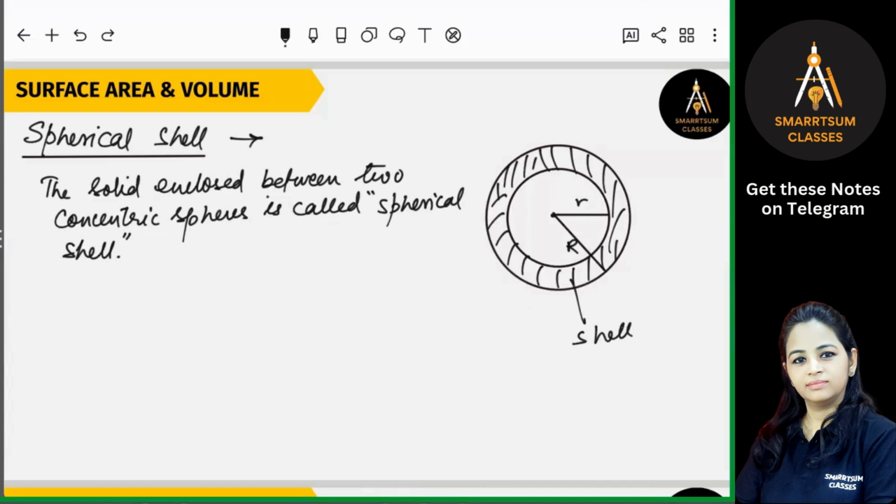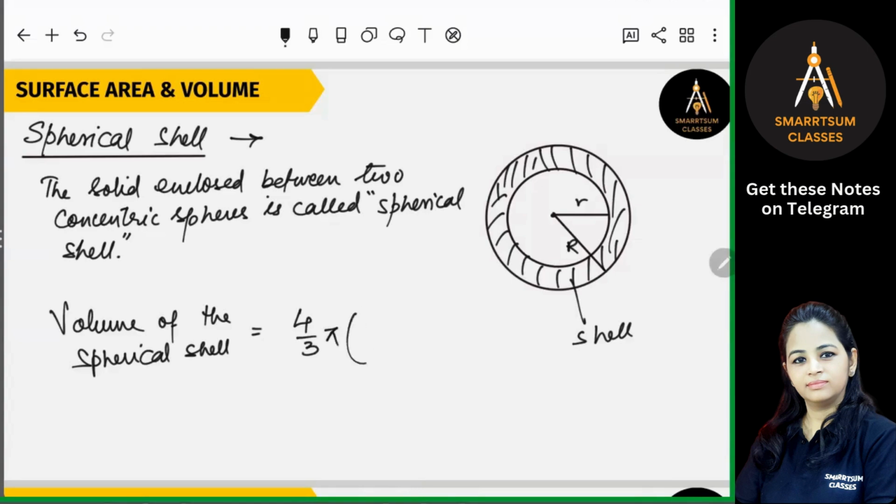So now we can find the volume of this spherical shell by the formula. How do we find the volume of the spherical shell? We subtract the volume of the inner sphere from the volume of the outer sphere. That means 4 by 3 pi R cube minus r cube.